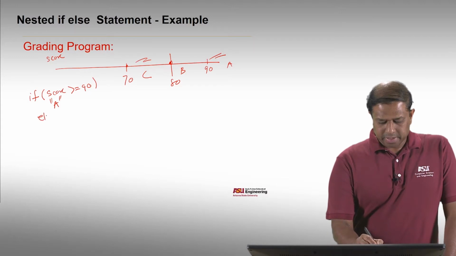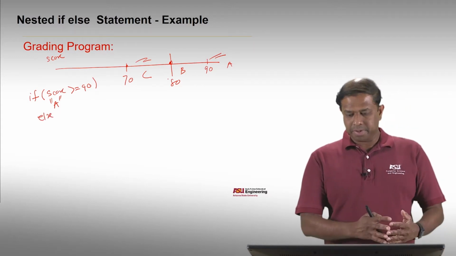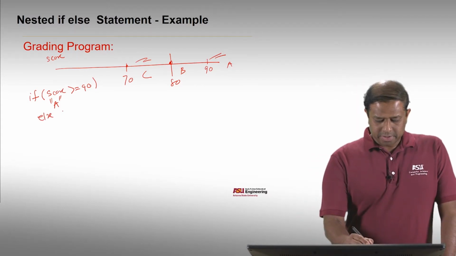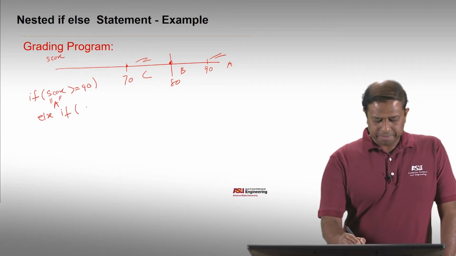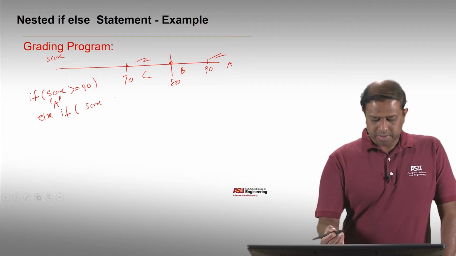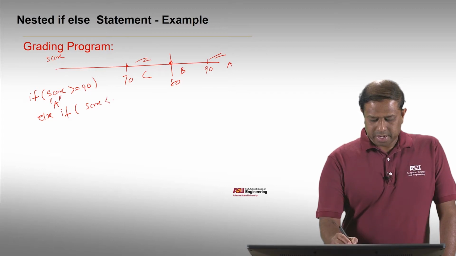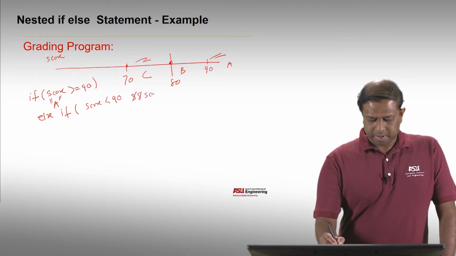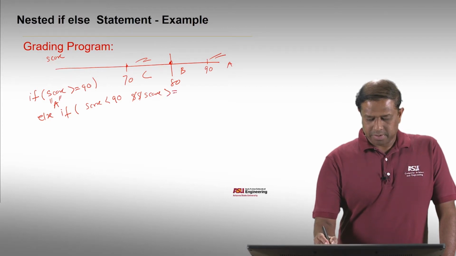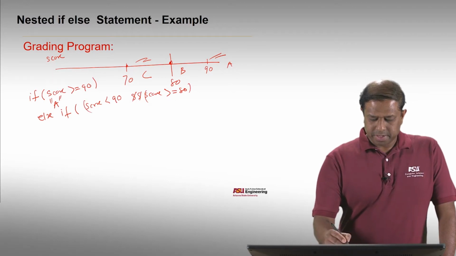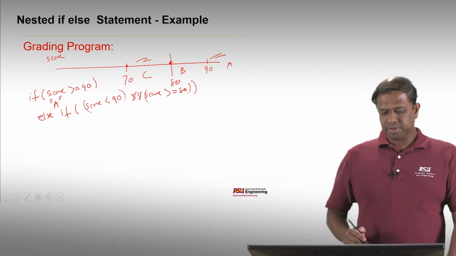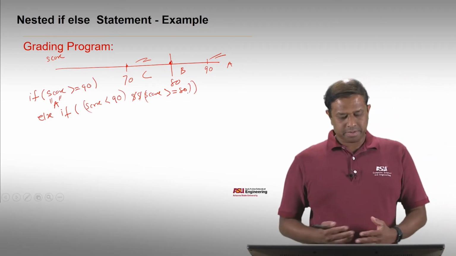Otherwise we can check whether the score is between 80 and 90. To do that, I need to check if score less than 90 and score greater than or equal to 80. I need to do this comparison to make sure that score actually fits into this range.